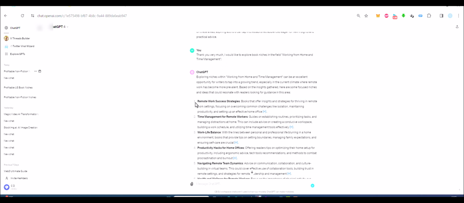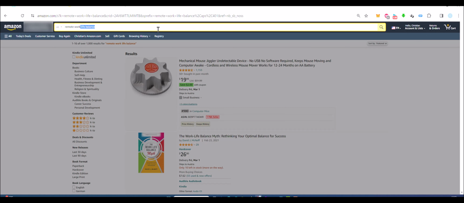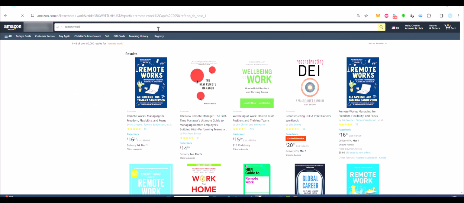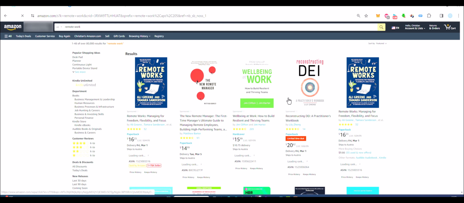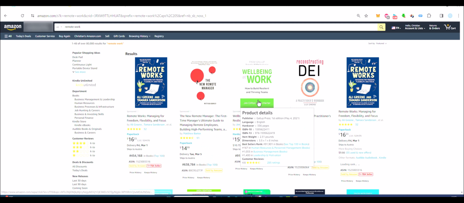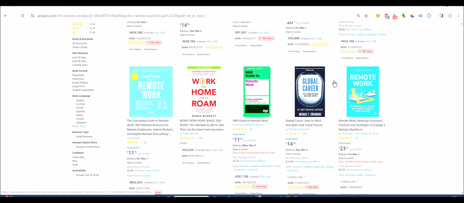In order to do that better, I will just go now here to Amazon and hit remote work and just see what kind of books come up first. So we got the ones that we were searching for. Well-being at work, all right, but everything guide, remote work.